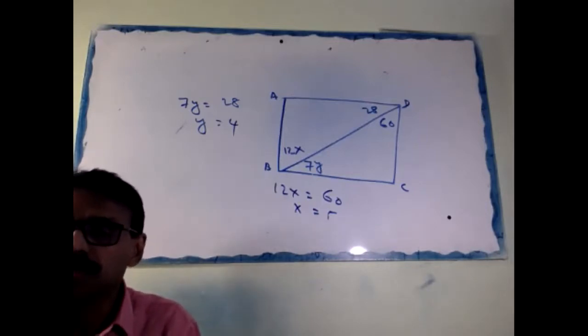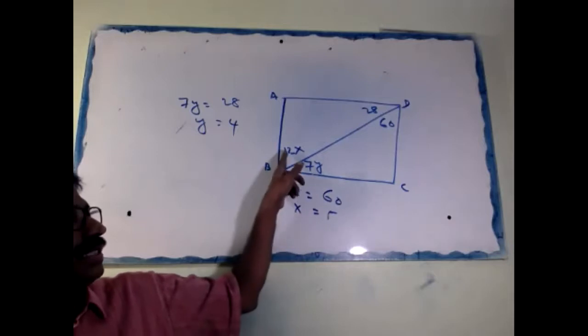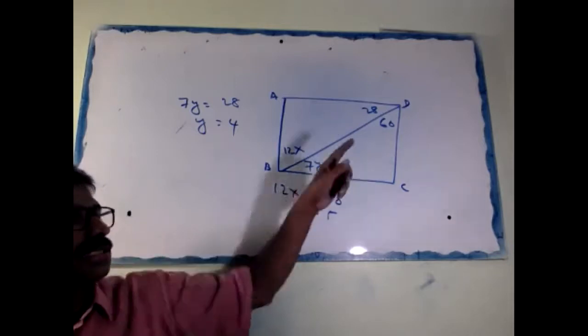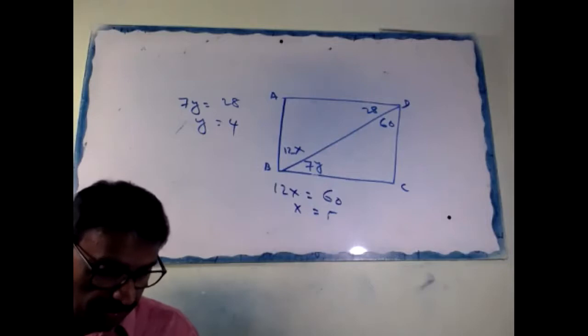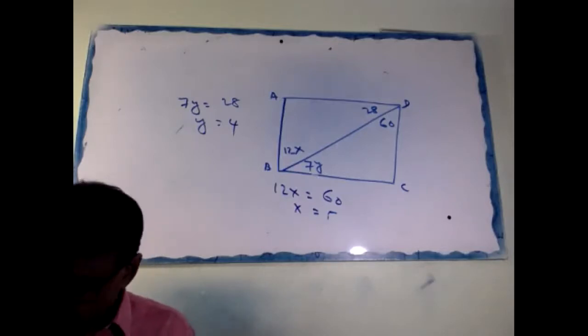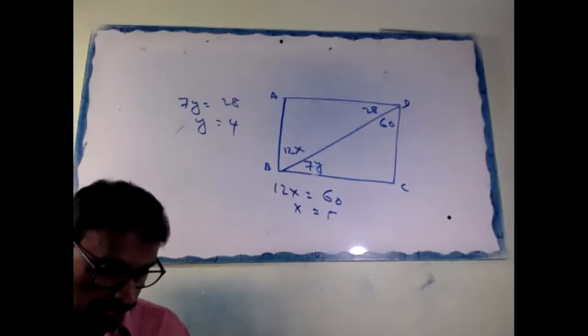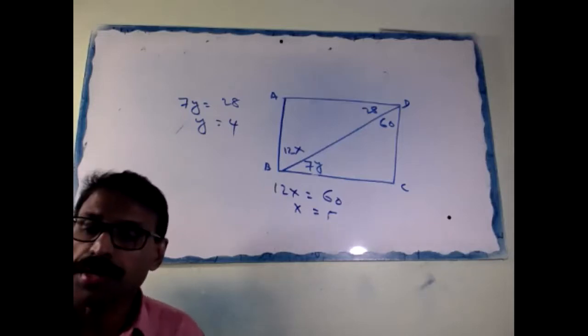ABCD is a parallelogram. 12x, 7y, 28, 60. Find the value of x and y.